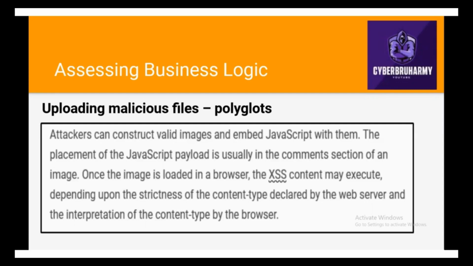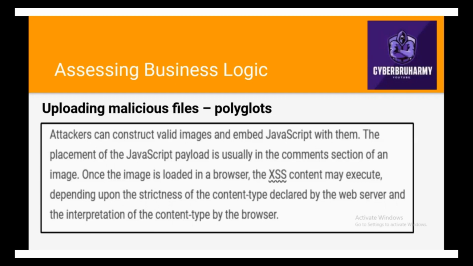Once the image is loaded into the browser, the XSS content may be executed, depending on the strictness of the content type declared by the web server and the browser's interpretation of it. So by uploading a malicious file, we can also execute XSS on the web server end.